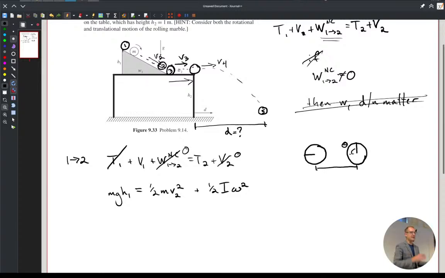So I rotated here. It's kind of like a negative theta because I'm rotating into the page, like that way. So distance is r theta. Velocity is r theta dot. Acceleration is r theta double dot.